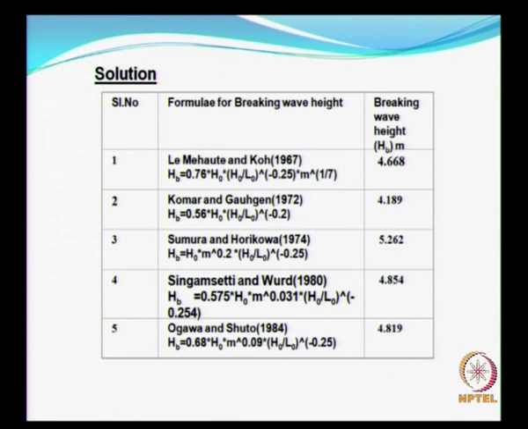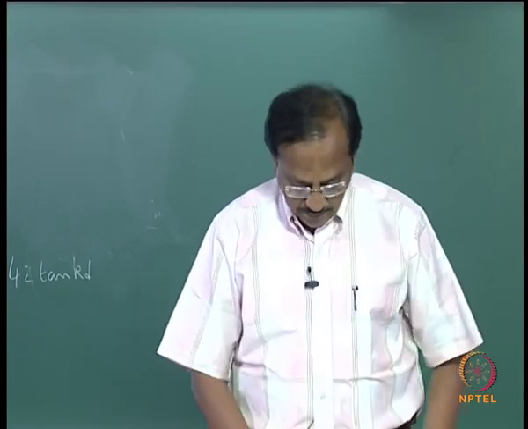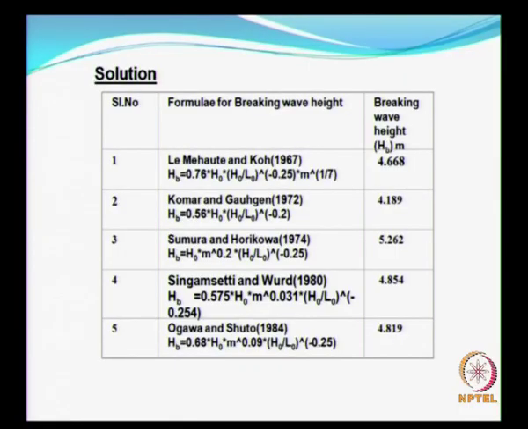If you see, there are several other formulae as stated earlier, mostly the values are around 4.8 to 5, something like that. So, for example, the second one looks slightly underestimating the breaking wave height. So, depending on the kind of wave you have, there are several other kinds of formulae for estimating the breaking of waves.